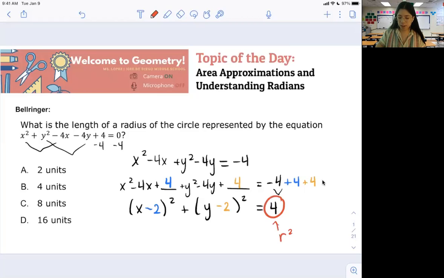So if r squared equals 4, then r all on its own, what does it equal? What's my answer? Good. r is 2. So A.